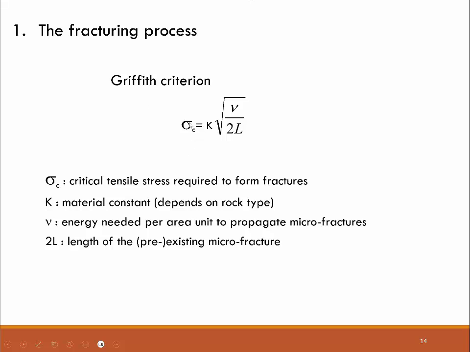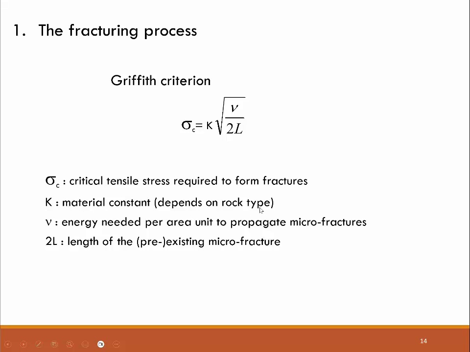We see here sigma c equals K times the square root of nu divided by 2L. What do these symbols mean? Sigma c is the critical tensile stress that is required to form fractures. That is simply the amount of sigma 3 that we need to apply in order to make the rock break.